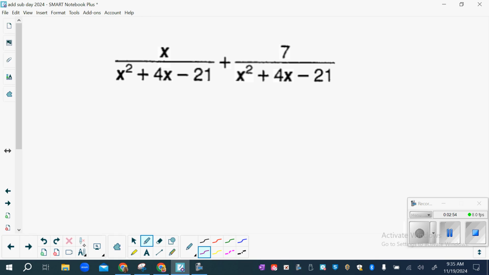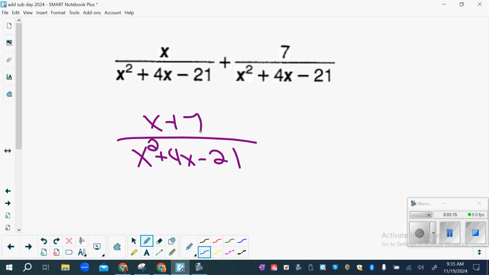So let's do that with this. Are you ready? Step 1, do they have a common denominator? And in this case, they do. So please make your denominator x squared plus 4x minus 21. And then let's do what we did in 4th grade. We took the x and we added 7. So we got x plus 7.